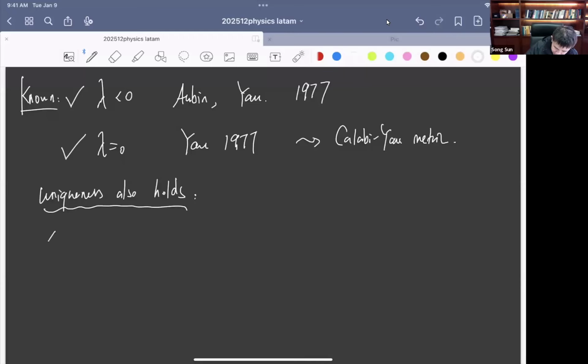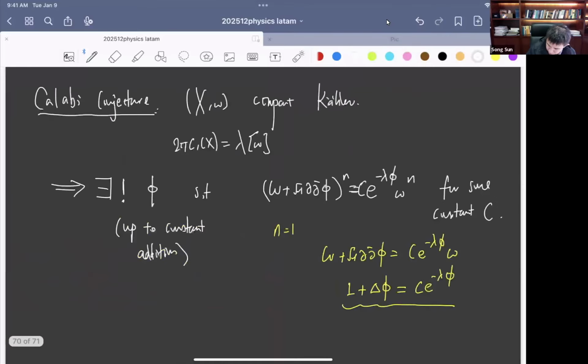So for example, let's consider the case lambda negative, omega plus dd bar phi to the n equals c e to the negative lambda phi omega. Sorry, it's not omega, it's capital Omega, some known function given.